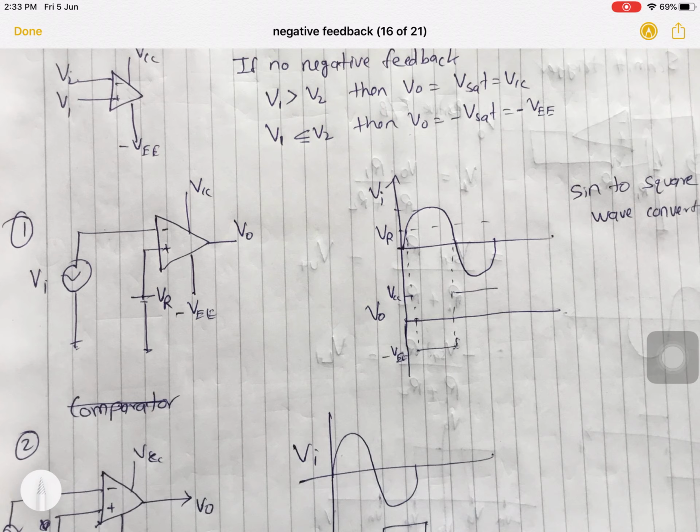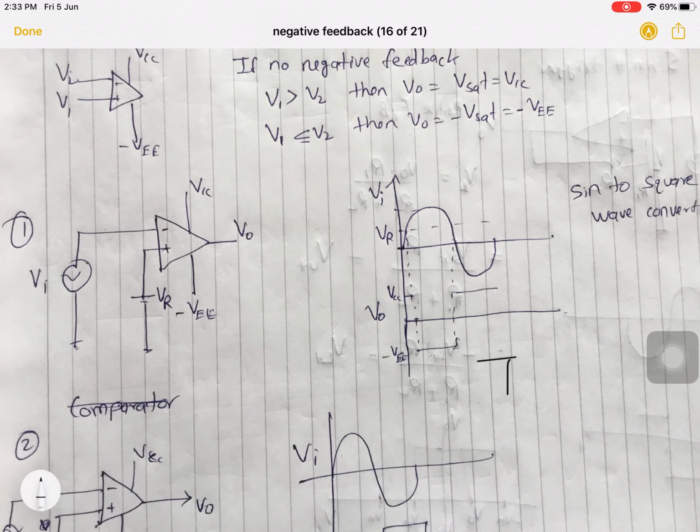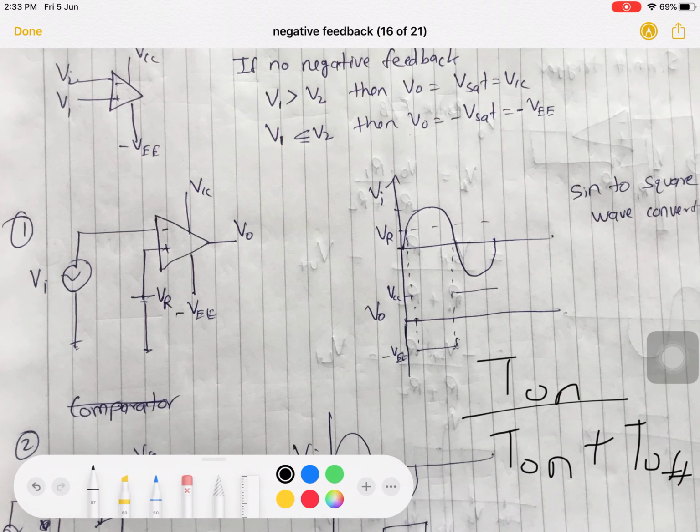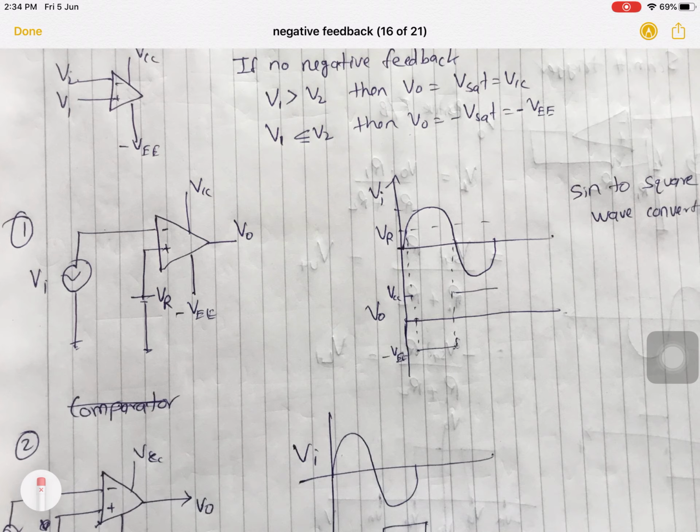What is on cycle? On cycle is T on upon T on plus T off.